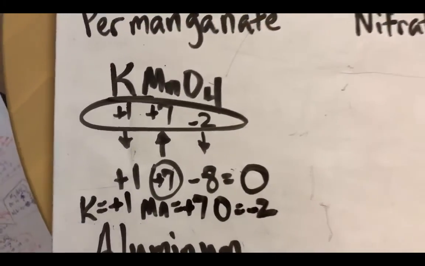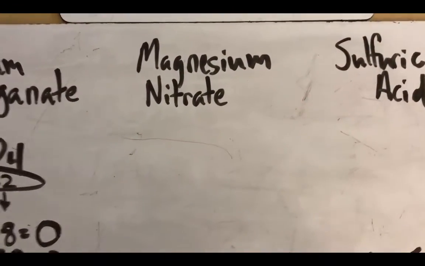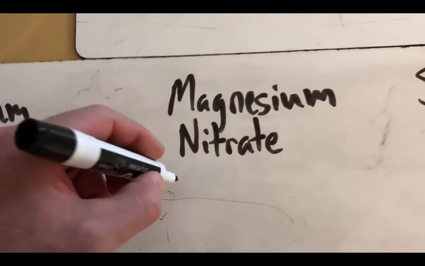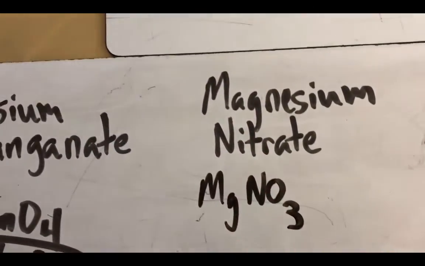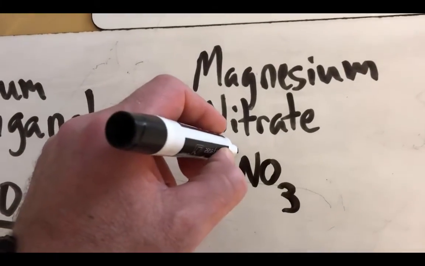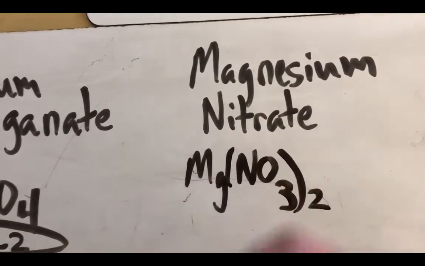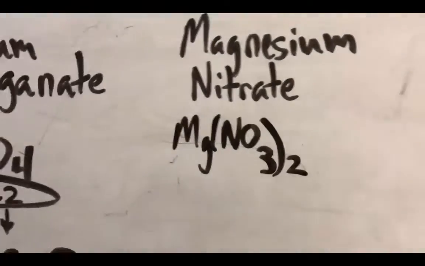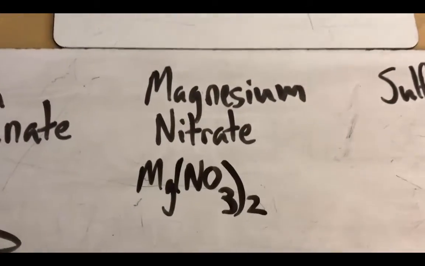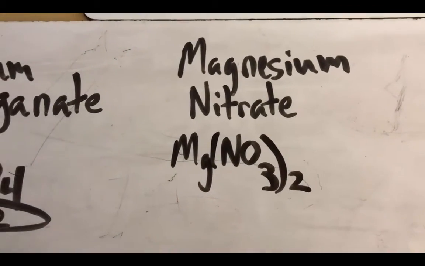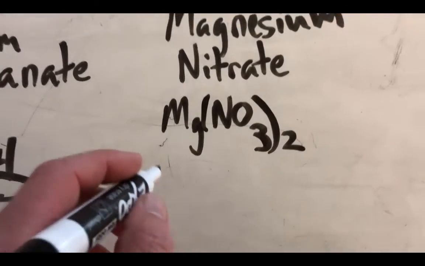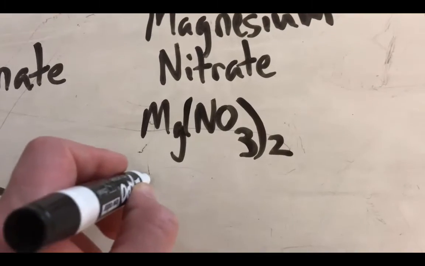Okay, we're going on to our next one here: magnesium nitrate. Magnesium nitrate is Mg(NO3)2. Magnesium, you should know, is a +2 charge, so I need 2 of those nitrate groups. This one is a little bit trickier, but I always start at the edges again. Magnesium, off of our periodic table off the front like we've always done, is a +2.